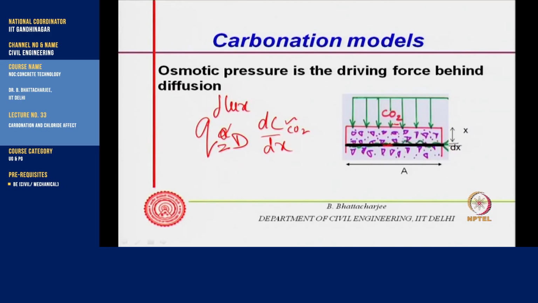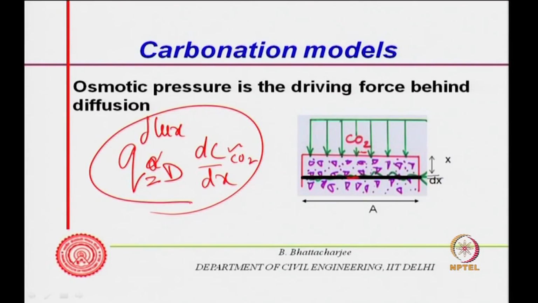Now, this is what is Fick's diffusion law, and if you are looking at the mass balance, then you will get the rate of change of concentration with time, which will be given as d2c/dx2. It is a diffusion equation, like the heat diffusion equation, and quite a number of diffusion equations follow this.